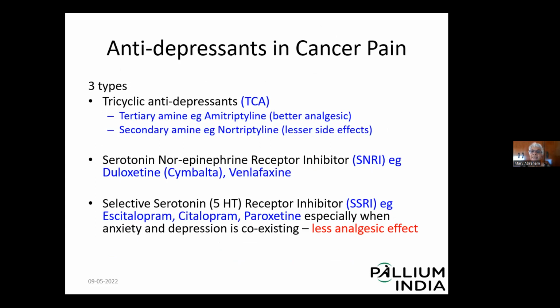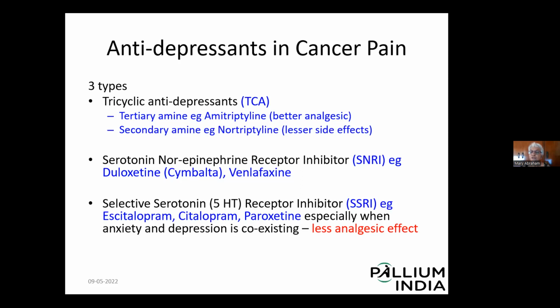Or we have the SNRI, the serotonin norepinephrine reuptake inhibitors like duloxetine and venlafaxine. Or you even have another antidepressant, which is a selective serotonin reuptake inhibitor, or the SSRI. The examples are escitalopram, citalopram, paroxetine.